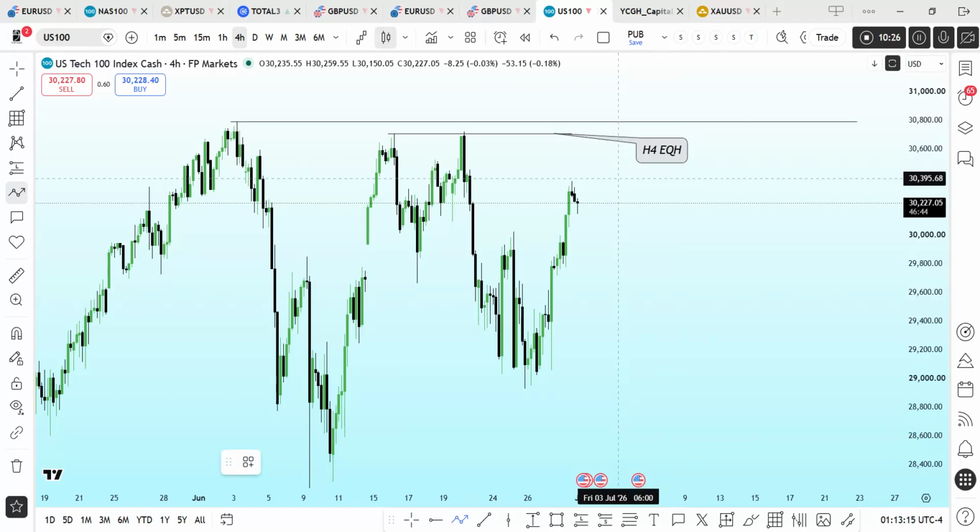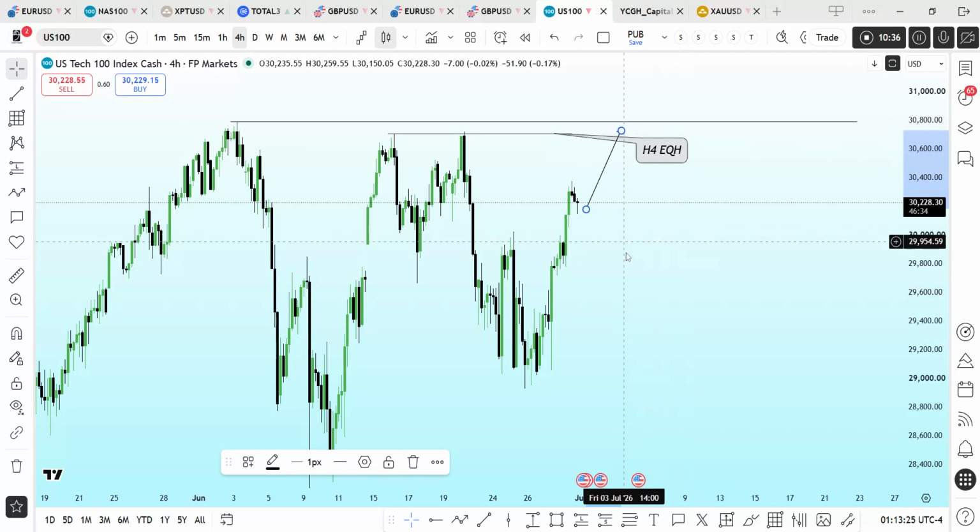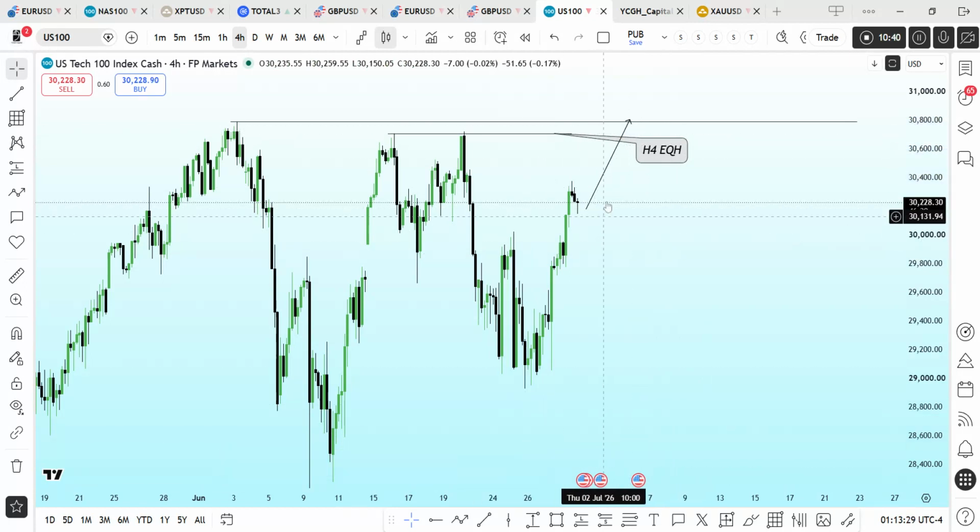If you ask me what the next draw on price is, this is the draw on price, minimum till this point. Or we can have this, or just go to this. So this is what we are trying to achieve as of now.